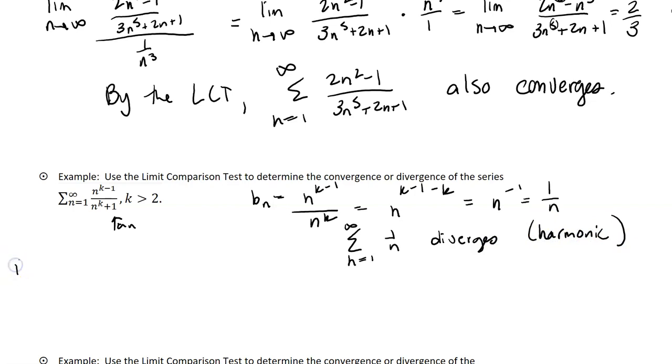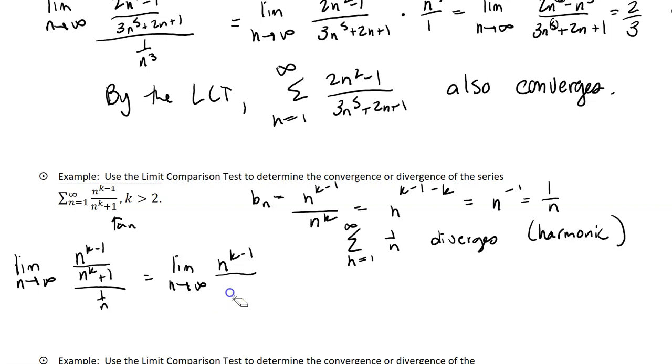So I'm going to take the limit of the ratio, a sub n over b sub n, so we'll have n to the k minus 1 over n to the k plus 1, all divided by 1 over n. So I will keep change flip. And just be really careful and make sure you understand that this plus 1 is not in the power.